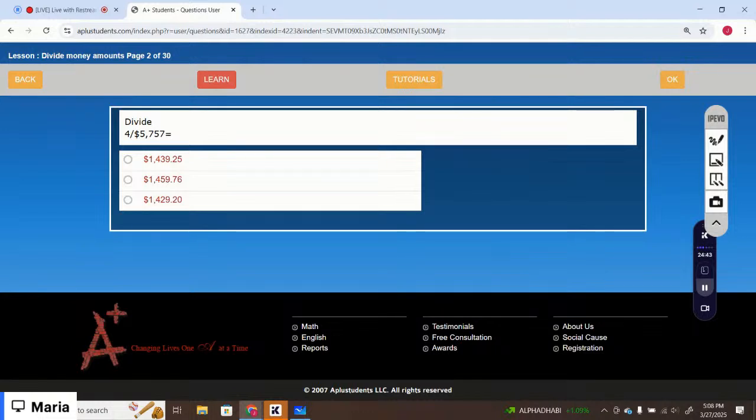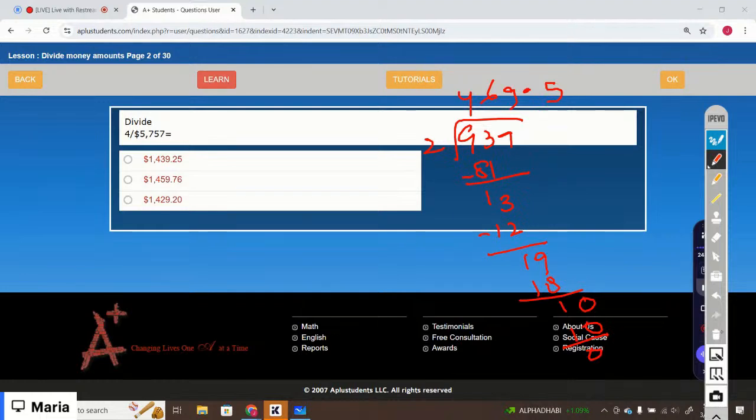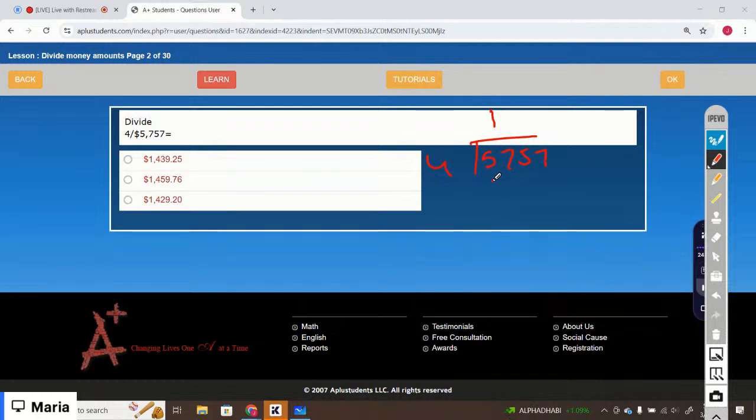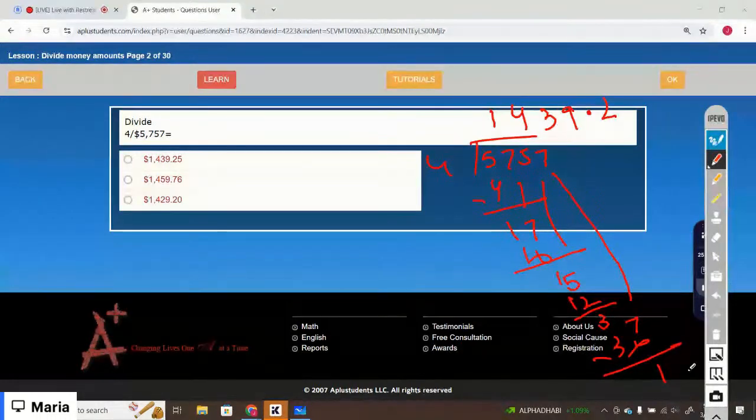What is this? 5,757 divided by 4, I think. So let's just divide. 4 times 1 is 4. 5 take away 4 is 1, bring 7 down. 4 times 4 is 16, bring 5 down. 4 times 3 is 12, and bring 7 down. 4 times 9 is 36, and bring 1 down. 4 times 2 is 8, and 4 times 5 is 20.